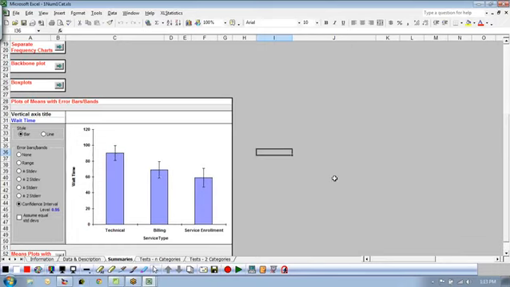Now, if you're a statistician and you're seeing this, you're saying, oh, Mark, come on, you're making a rookie mistake here. You actually are looking at a different comparison. The short answer is yes, true, but what I'm looking at here is conservative. So the point is that if we see non-overlap here, I can almost guarantee you that when we do the individual t-tests, we'll find differences in technical versus billing, technical versus service enrollment.